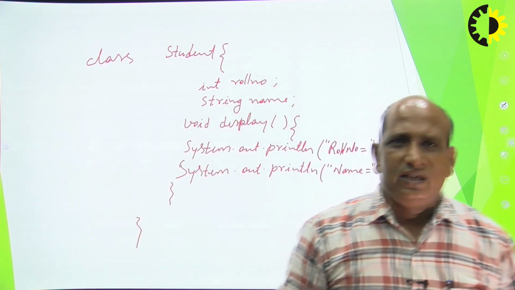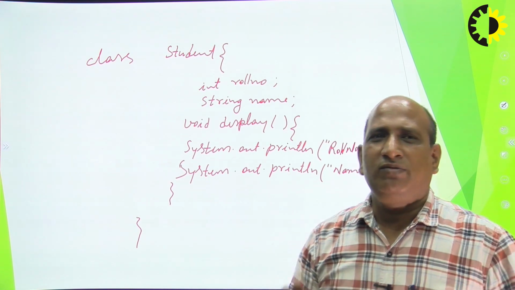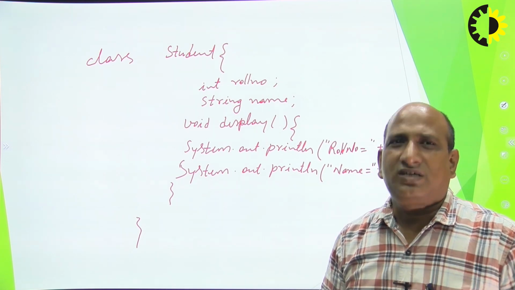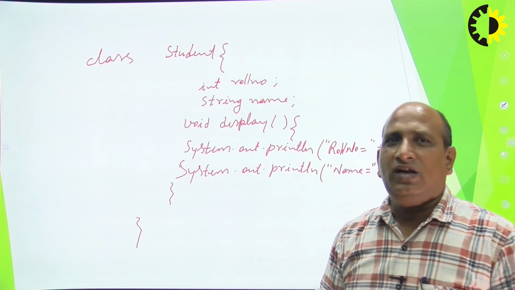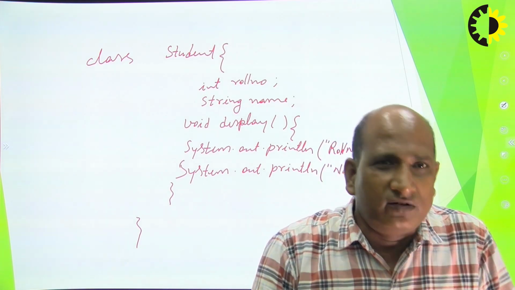This class is just a template for creating similar types of objects. Now the question is what an object is. You can understand that an object is an instance of the class.